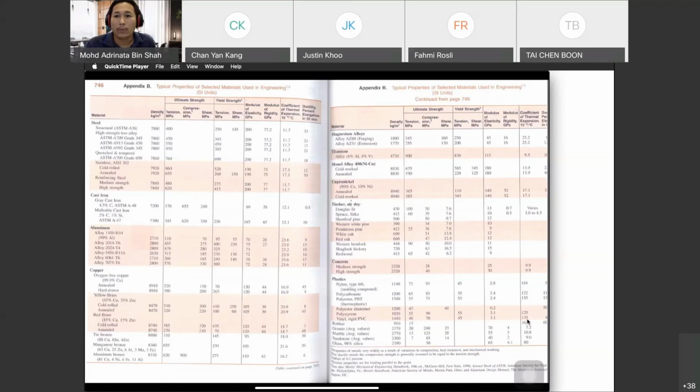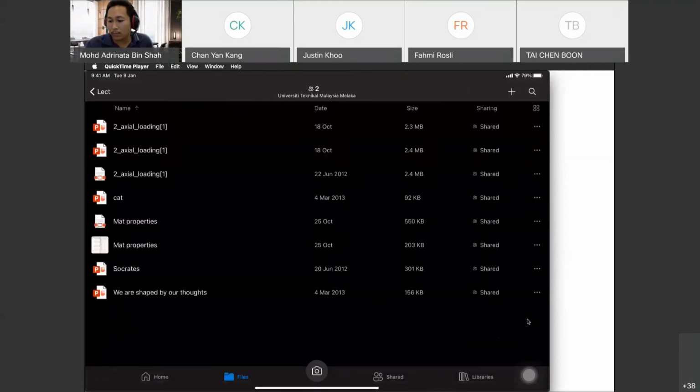Which materials? Higher strength, higher cost. In engineering you need to find the best one.